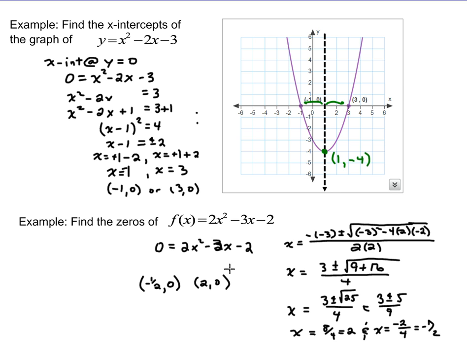Now I know this is actually factorable, and I probably could have figured this out. But if we're interested in finding the location of our vertex, let me point something out here. This is the reason why this formula is really, really useful. What is the midpoint between negative 1/2 and positive 2?